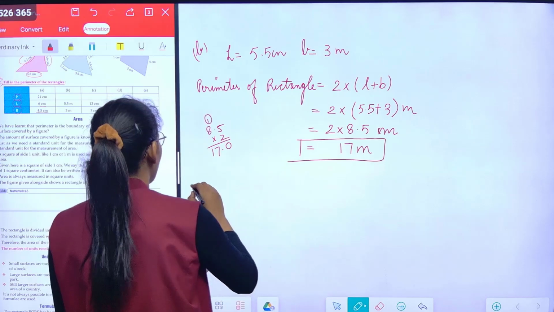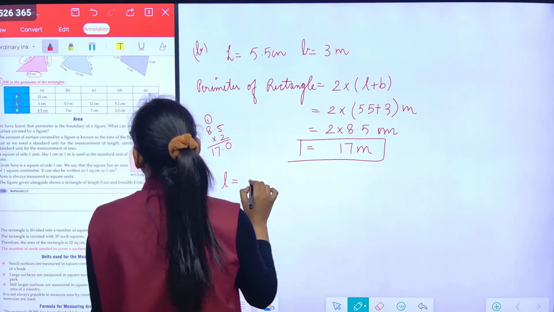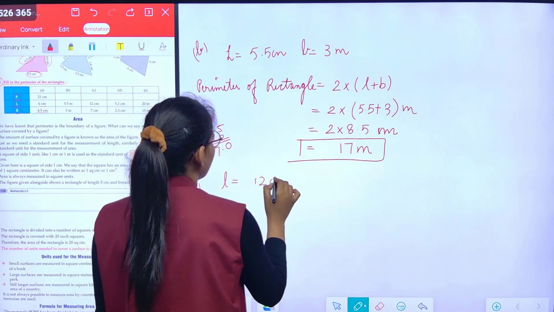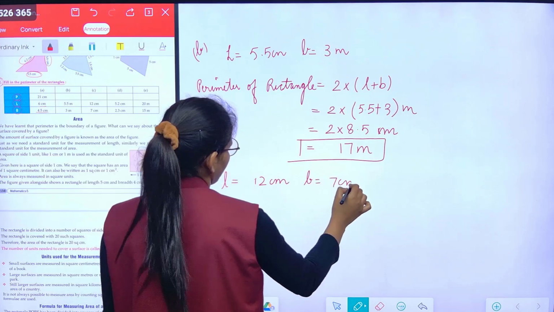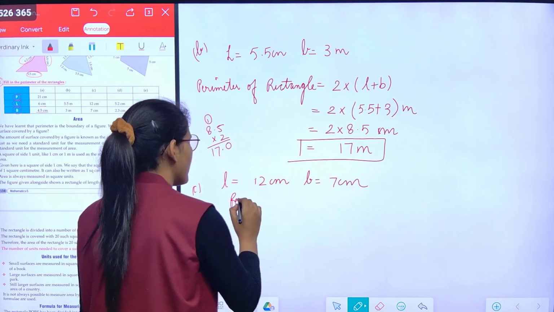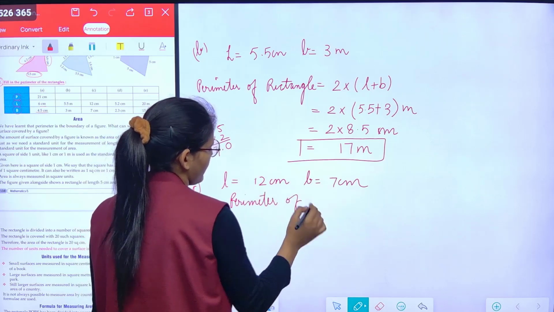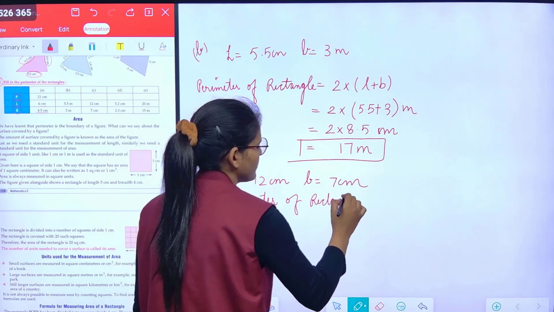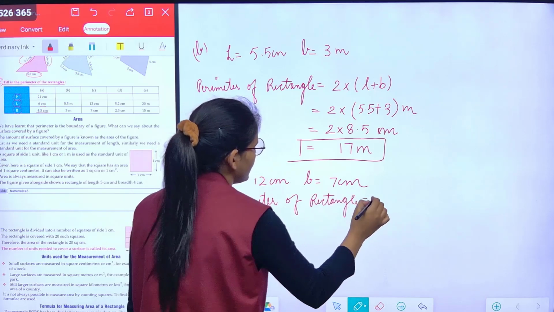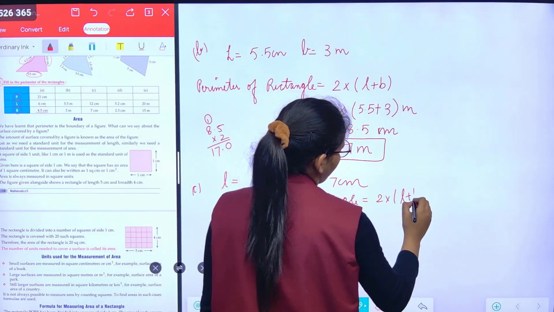Now class, C part. Now length is 12 centimeter and breadth is 7 centimeter. Now again, class, perimeter of rectangle is equal to 2 multiply length plus breadth.